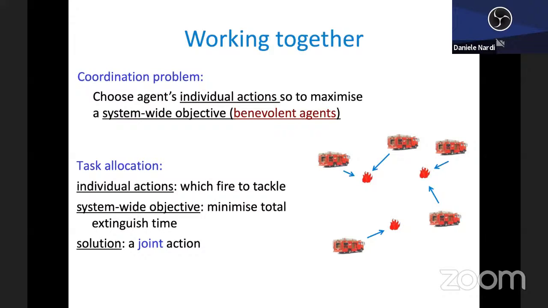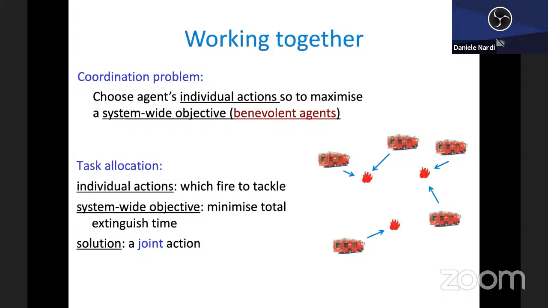Here we have several teams for extinguishing a fire, and they need to cooperate in order to optimize the whole process, which is extinguishing all the fires in the shortest minimum time.